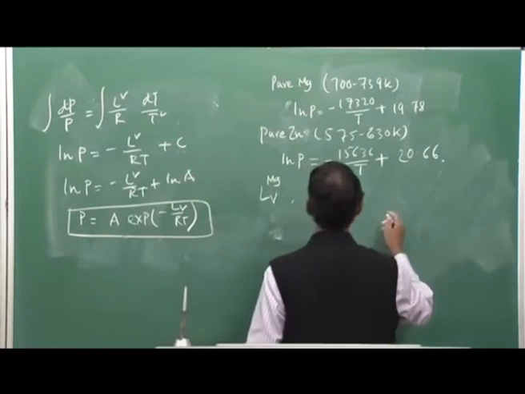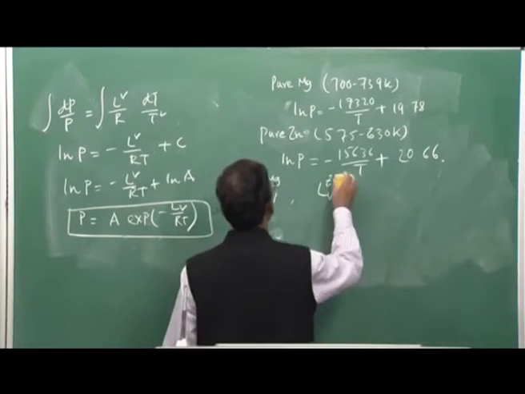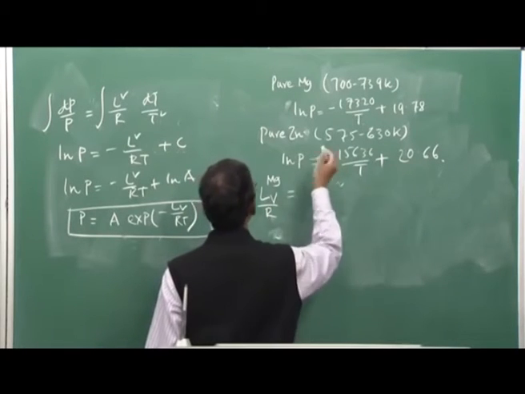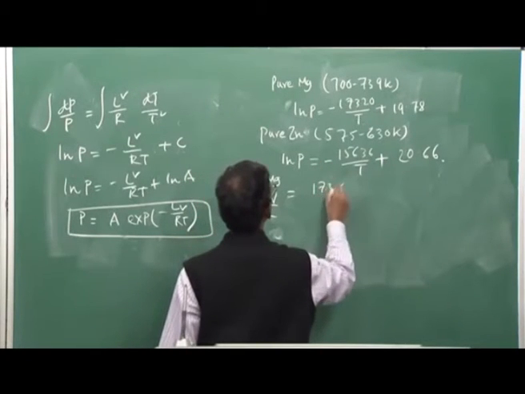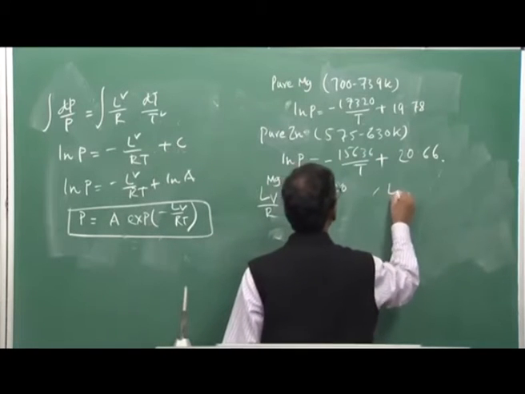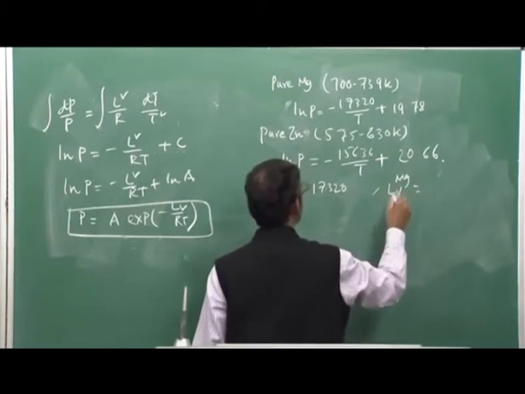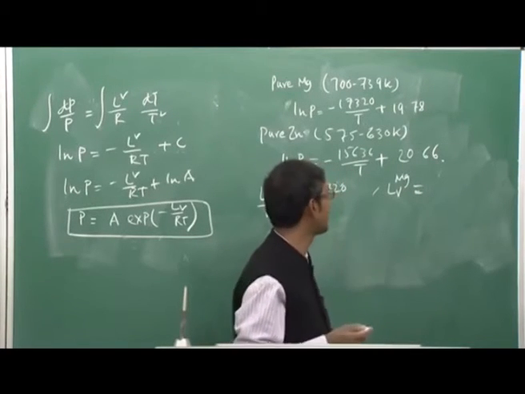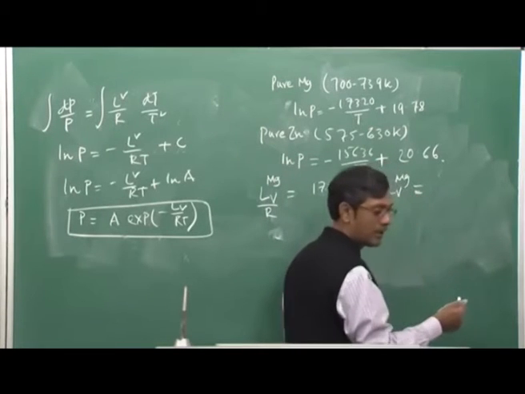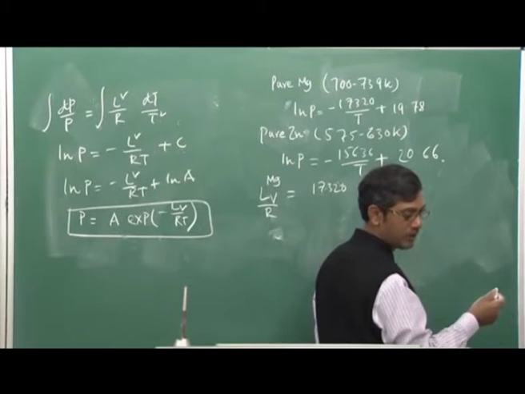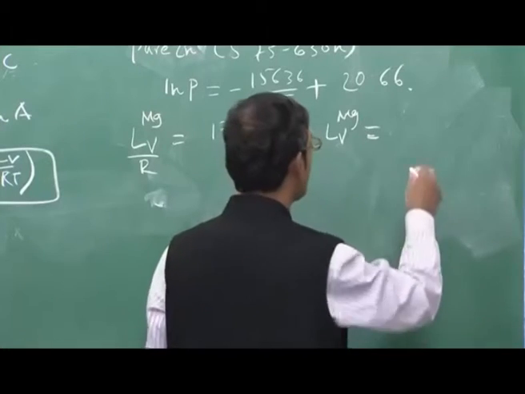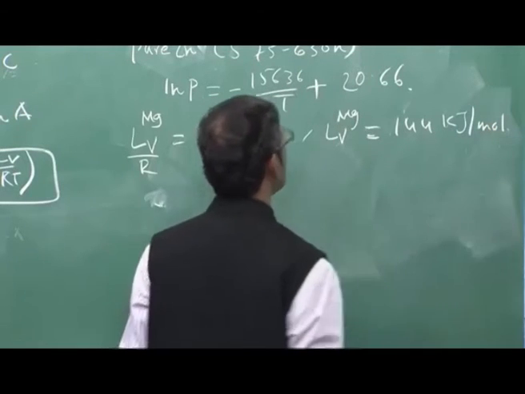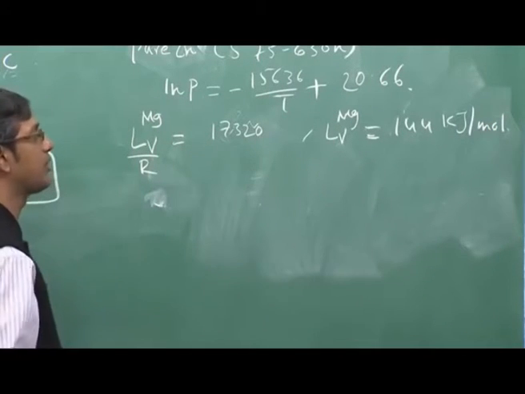LV by R equals 17,320. LV is basically this multiplied by R, and R has a value of 8.314 joule per mole per Kelvin. That will give you something like 144 kilojoule per mole. This is the latent heat of sublimation for magnesium.